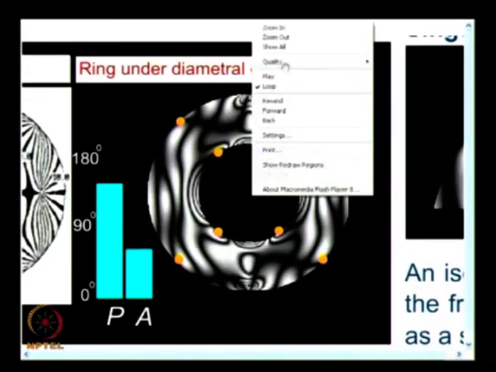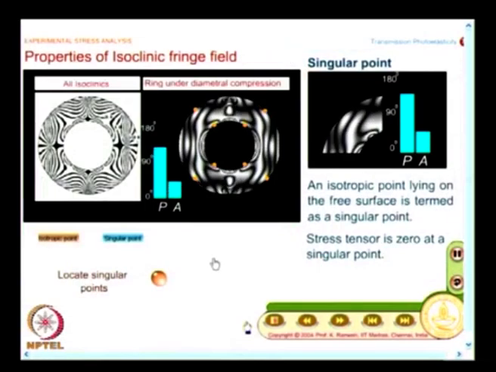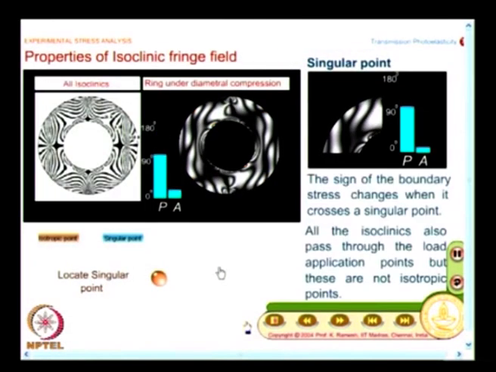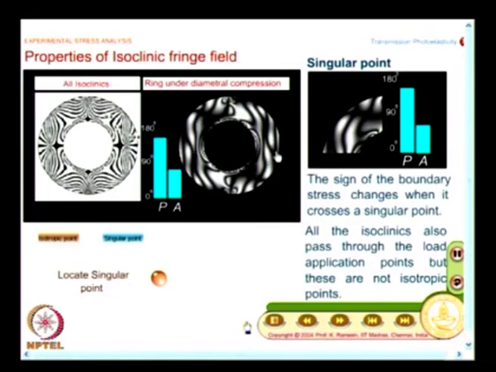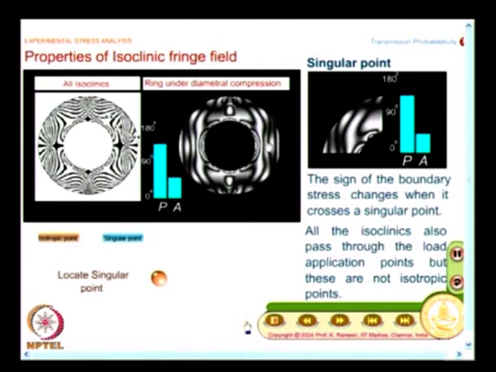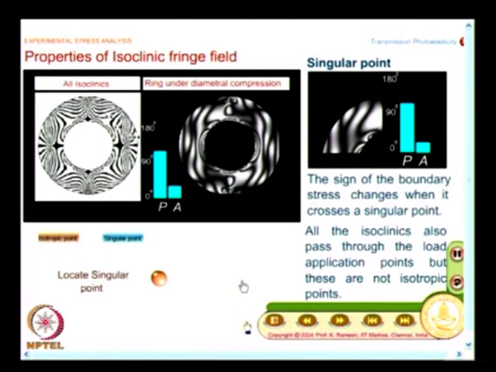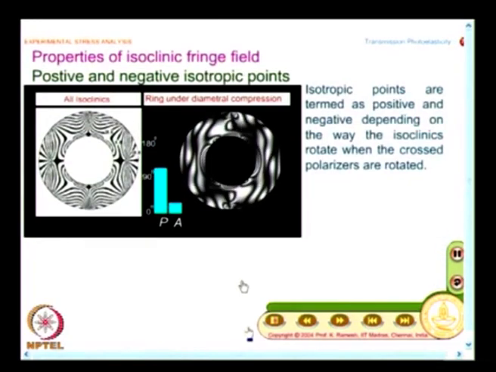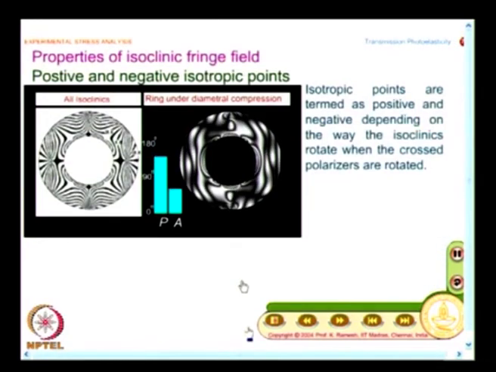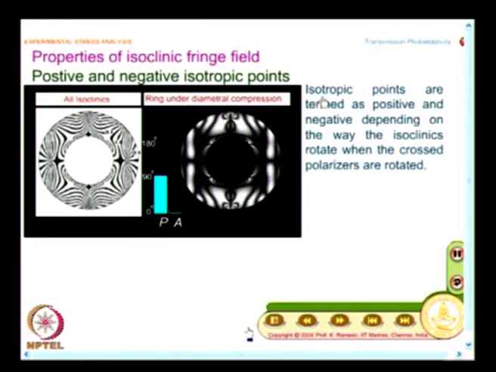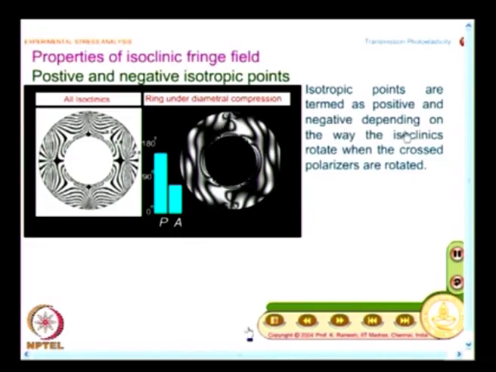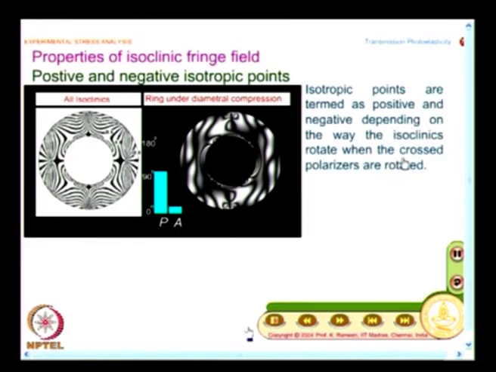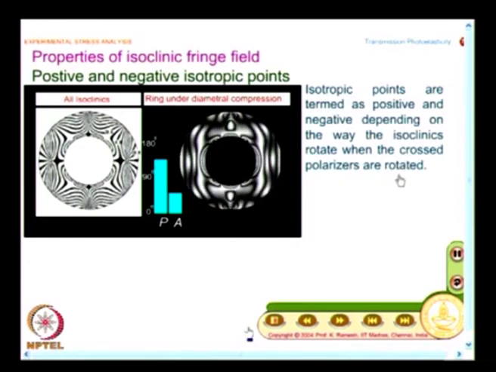And we have also made one small distinction, that when you look at the isotropic points, you find that the isoclinic fringes move in a particular fashion. We will see what it is. There is a special distinction. You also classify isotropic points as positive and negative, depending on the way the isoclinics rotate when the cross polarizers are rotated.